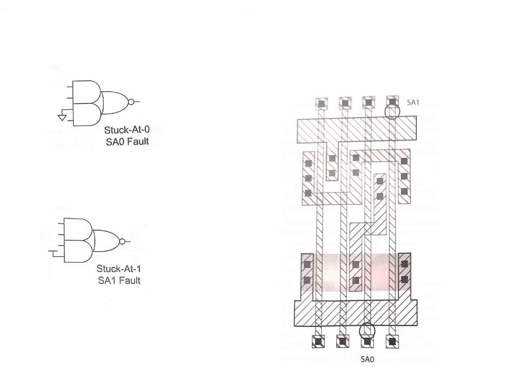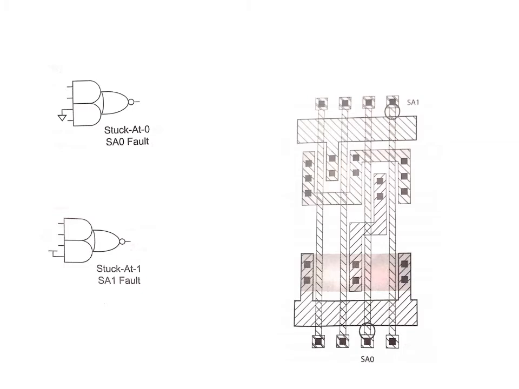So here in the circuit you can see that a struck at 0 fault and a struck at 1 fault have occurred. Struck at 0 occurs here at the input end because it is permanently connected to ground. So irrespective of any input given to this line, it will always be considered logic 0.